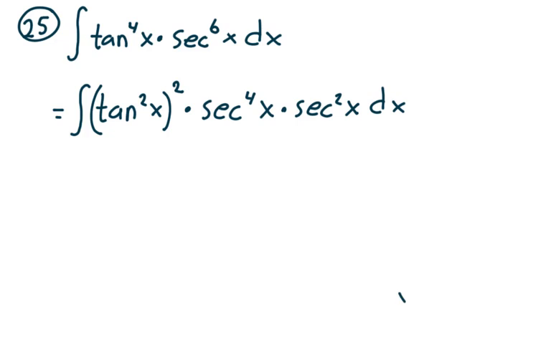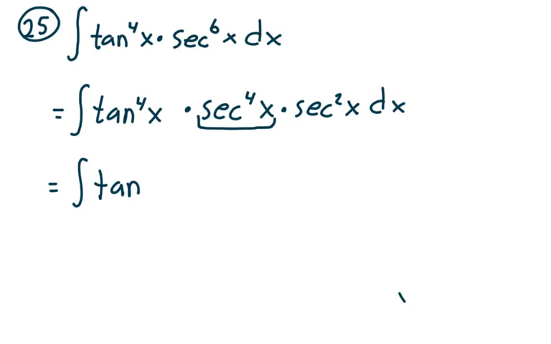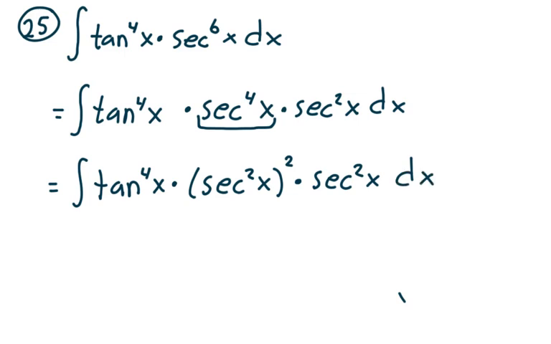In fact, we can do even better. We can just leave that as tangent to the fourth x. I'll explain why in a second. But we do have to mess with that secant to the fourth x. So this is the integral of tangent to the fourth x times secant squared x raised to the second times secant squared x dx.